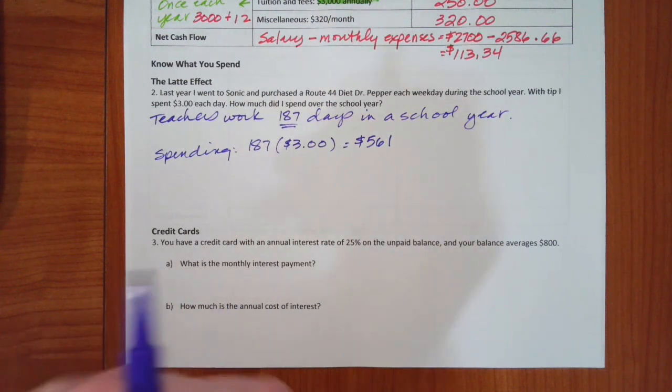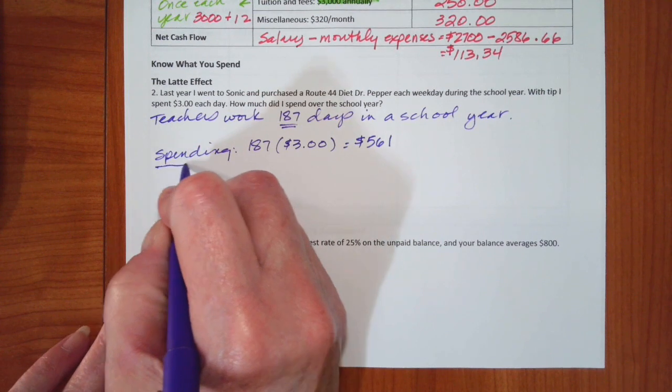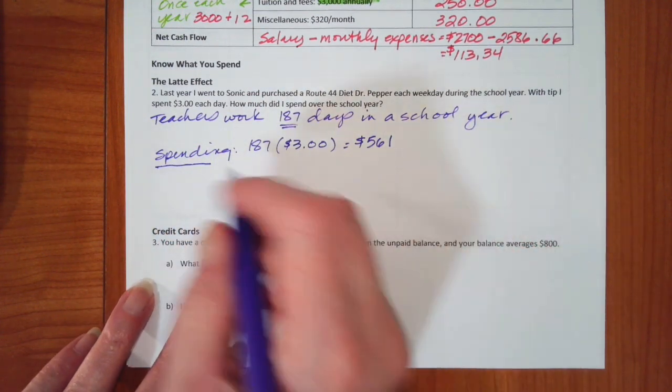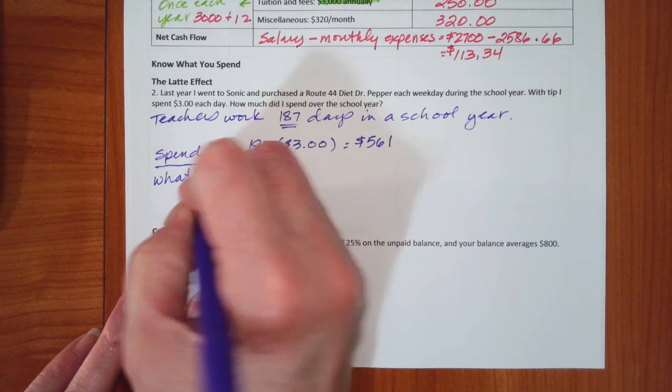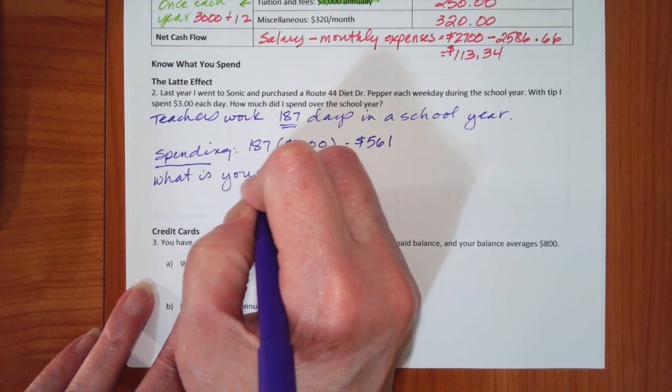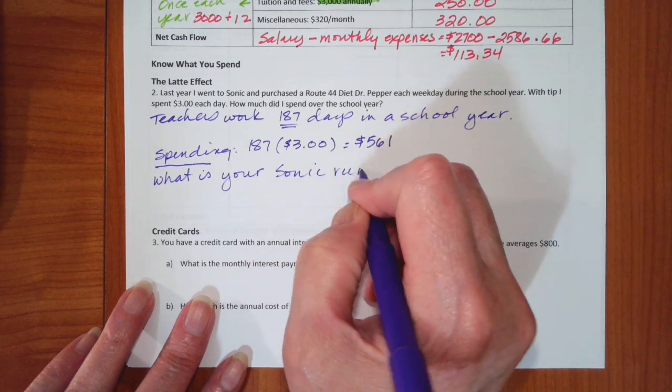Now, one of the discussions we had in class was that everybody has this. It's called the latte effect, and the reason I call it that is because most people don't go to Sonic, but they do the whole Starbucks thing. So we spent some time in class where everybody contributed: what is your Sonic run?